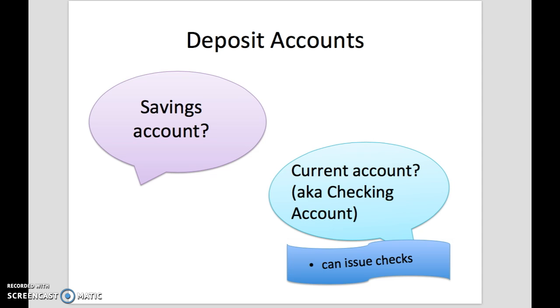For the current account, you put in money and you're given a checkbook. With this checkbook, you can write the amount and pay other people with it. So the main difference is the current account will allow you to issue checks, while the savings account will be your ordinary savings account wherein you have your ATM card.